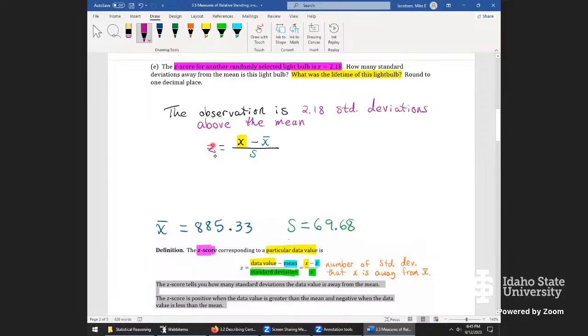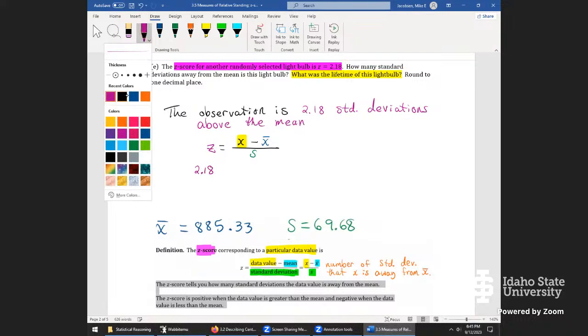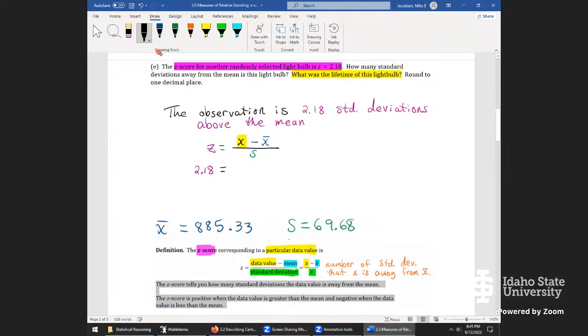First substitution is z on the left right here. We look it up and it's a 2.18. So that value's done. On the right-hand side, I have no clue what x is, so we're just going to keep copying that in until we solve for it. But we do know what x bar is. We looked that up. It was 885.33.